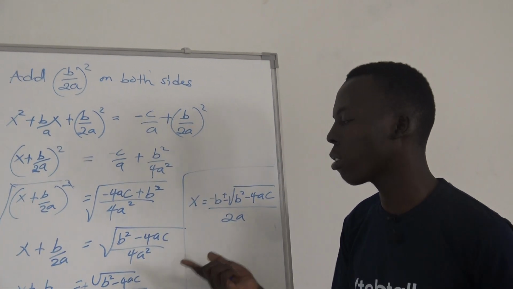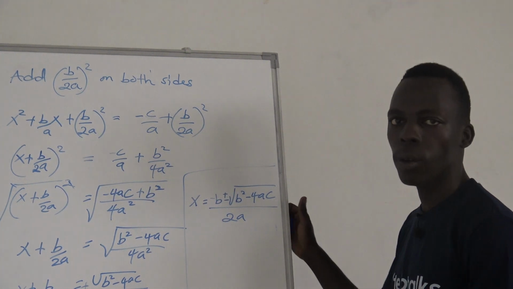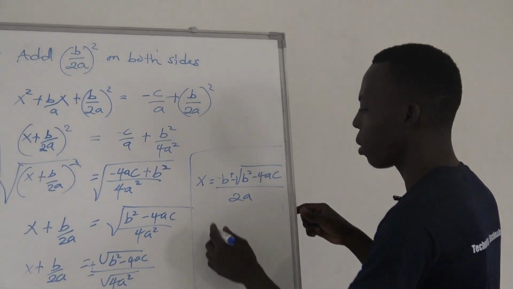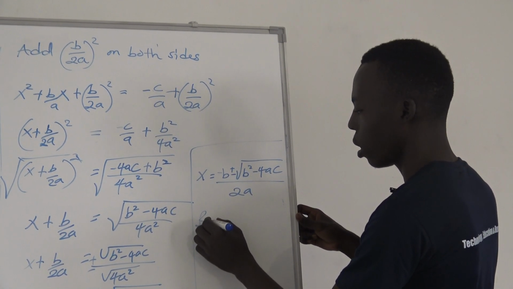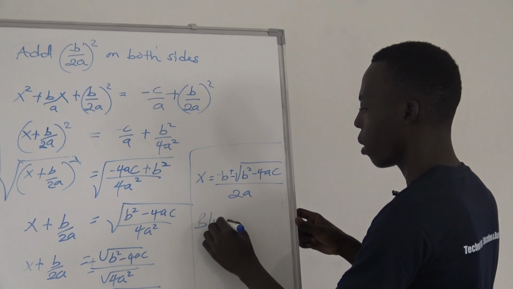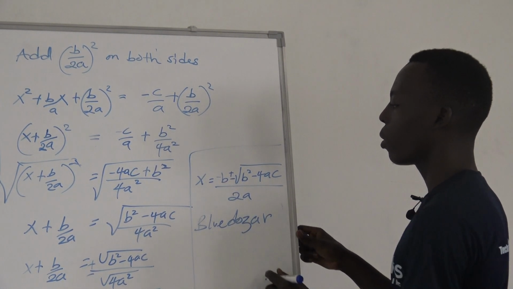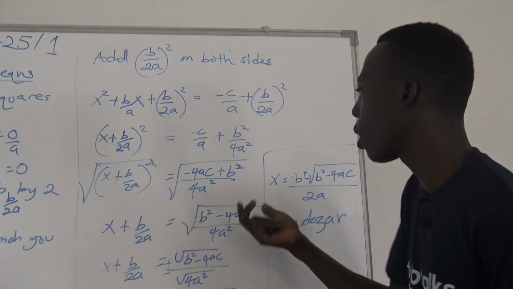You have x1 and x2 to be got from this one. In ordinary secondary, they call this a bulldozer, because for it, you just apply the figures and it gives you directly the answer.